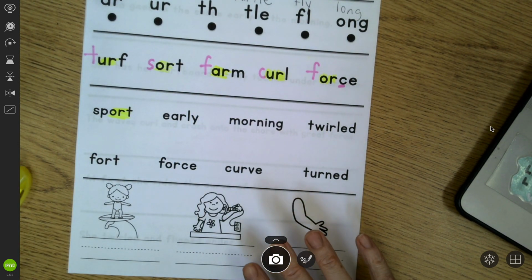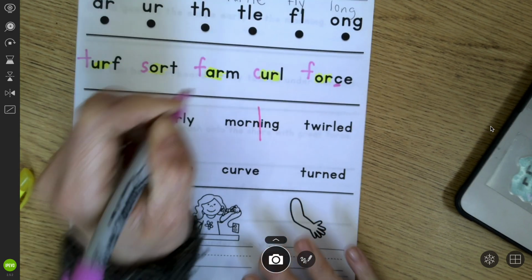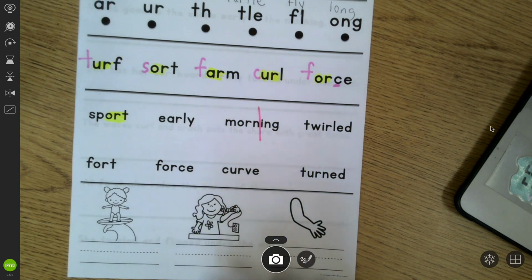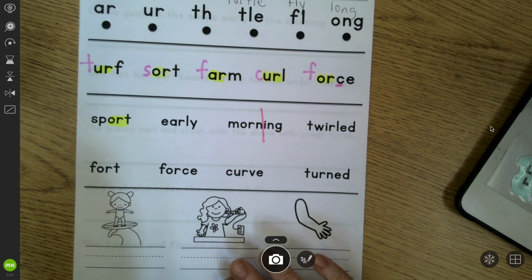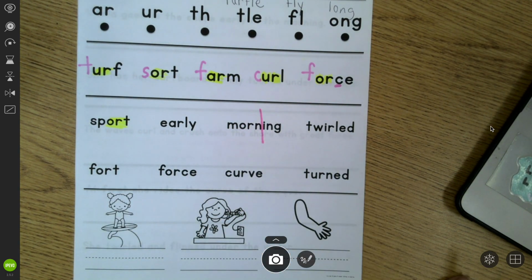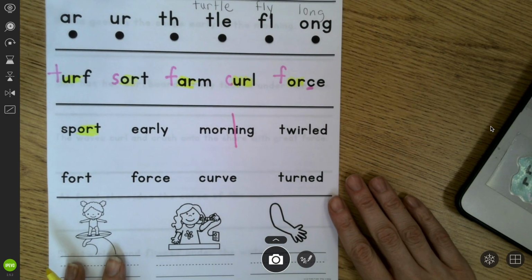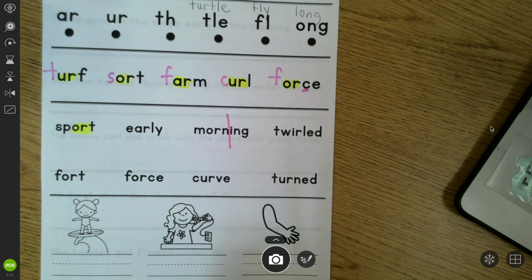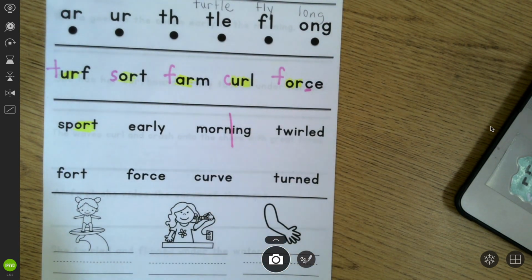Okay, here we have 2 syllables. So let's break this up. I'm going to draw a line right here. Go ahead. I know you can do this one. Morning. The ED is going to make the word past tense.